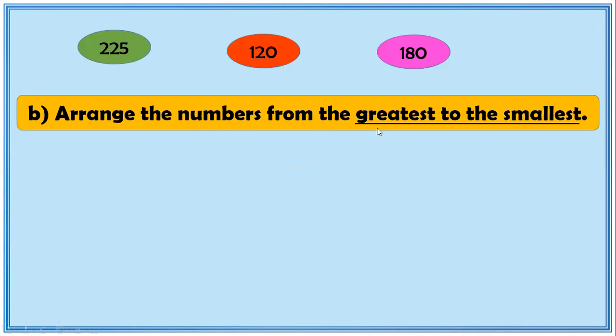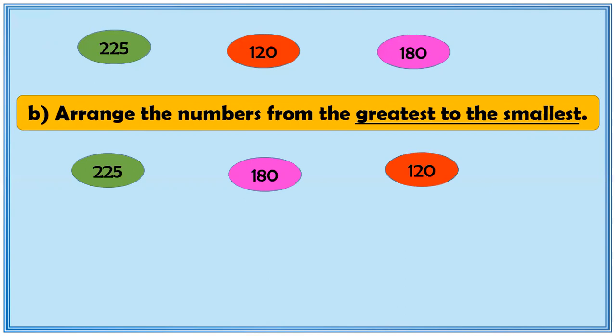So it means we need to start from the biggest or the greatest number going to the smallest number. So among these numbers, the biggest is 225 followed by 180, and the smallest is 120.